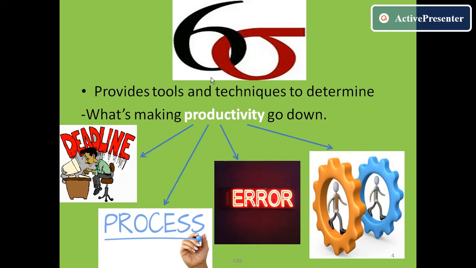The main reasons for the degradation of productivity can be that the development time is too long or the product is not developed within the given deadline; second, the process used is not up to the mark; there can be many errors or a few severe errors in the product; or there can be many other reasons behind the decrease in productivity rate.